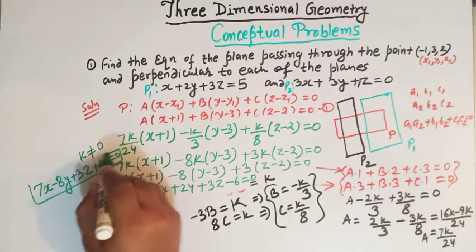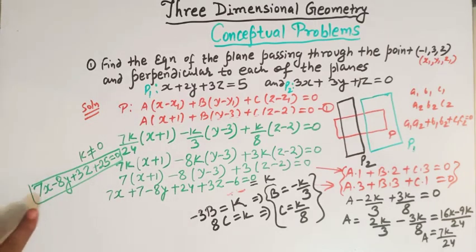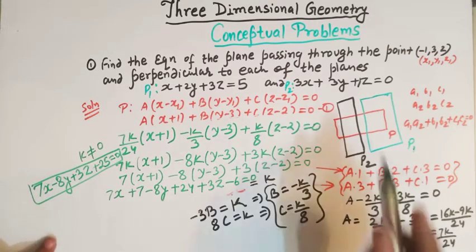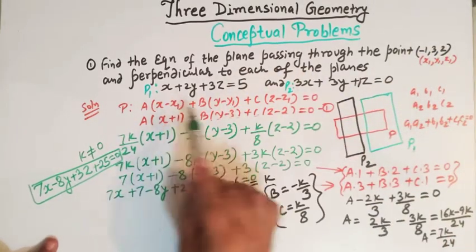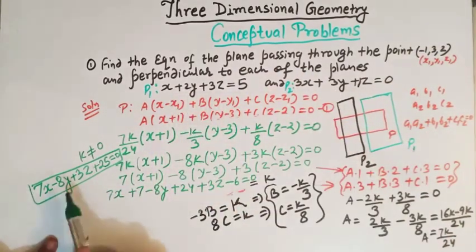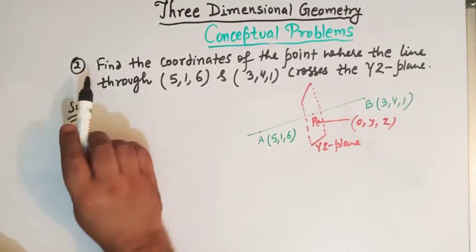So this is the equation of the plane which passes through minus 1, 3, 2 and perpendicular to these two planes, right? Now let us take this problem.